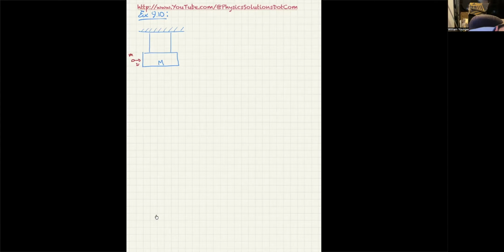Now, what's going to happen is in 3 phases. So first off, there's going to be a collision. And that collision is going to result in this block of mass M having a bullet embedded in it. And that bullet is going to have some weird shape like that inside.